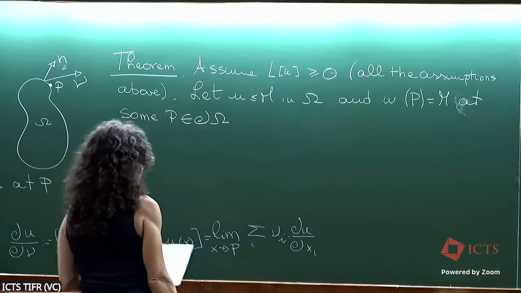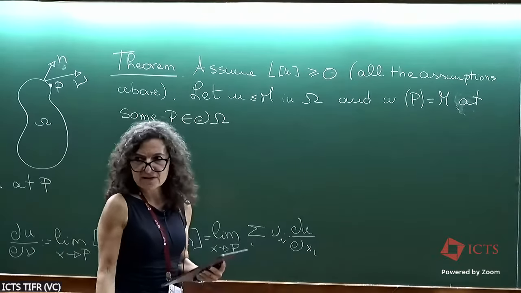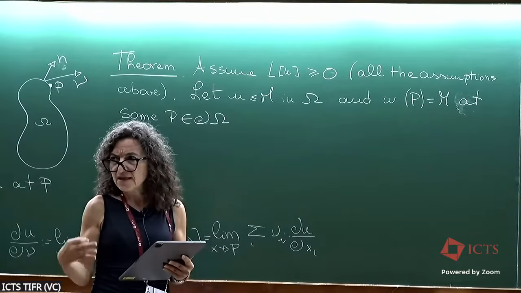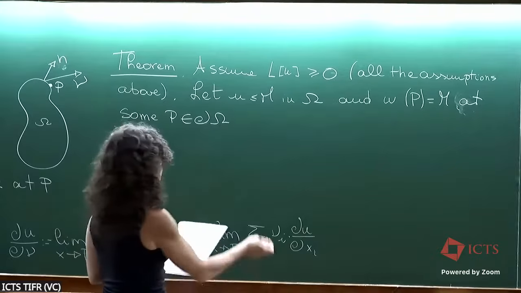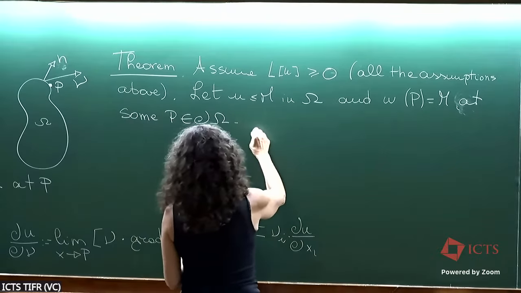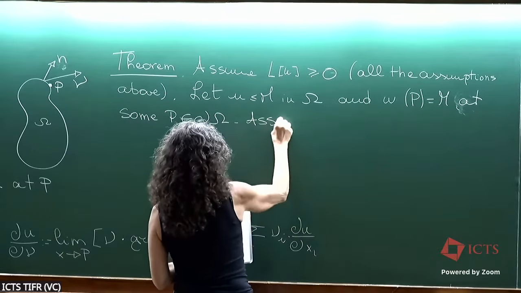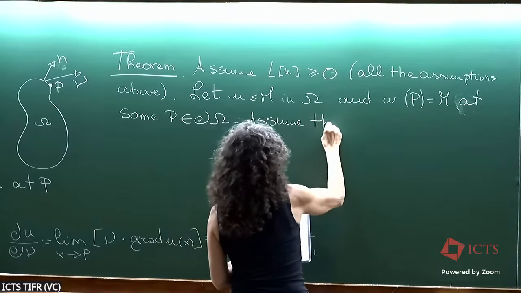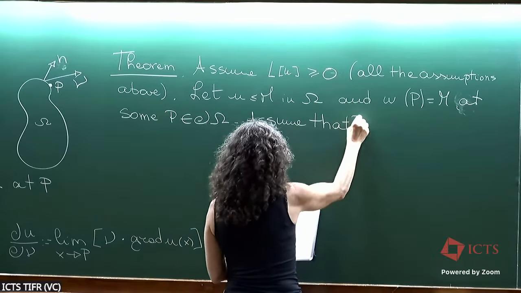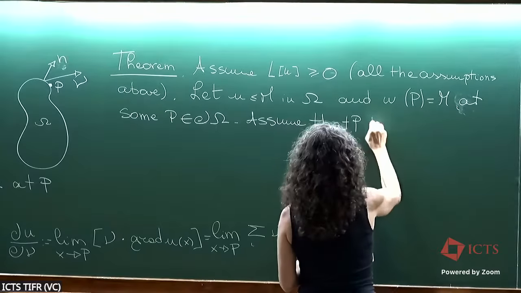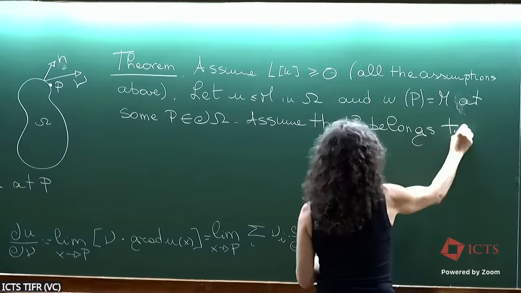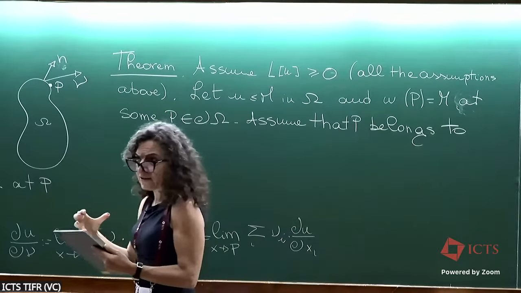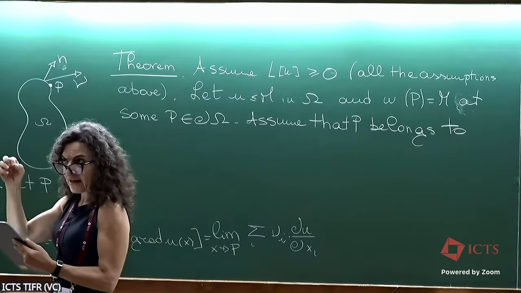And then here we have to make a further assumption about the boundary of omega. We have to assume that P belongs to the boundary of a ball contained in omega, tangent at the point.